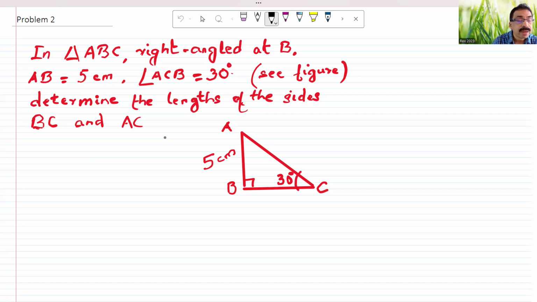So here I am going to consider angle C, and I'm going to look at opposite and hypotenuse. So opposite is AB, hypotenuse is AC. Okay, so just write it here.